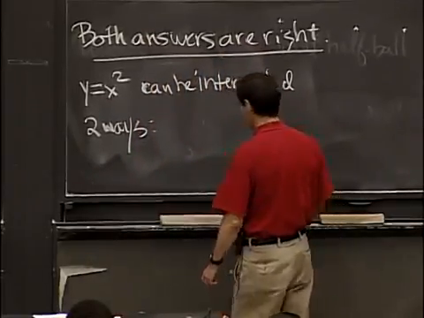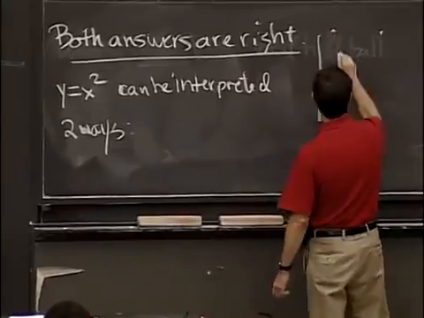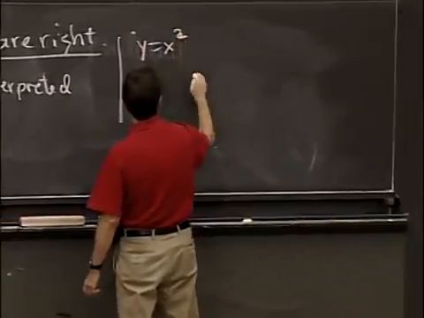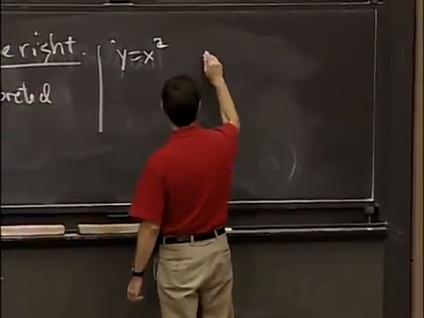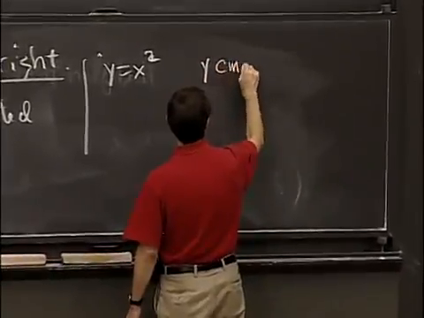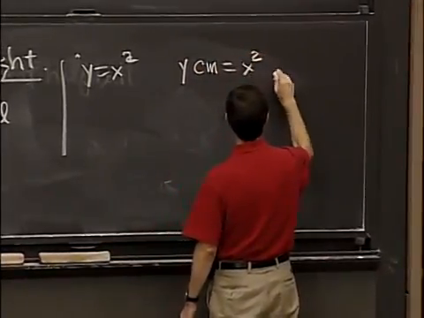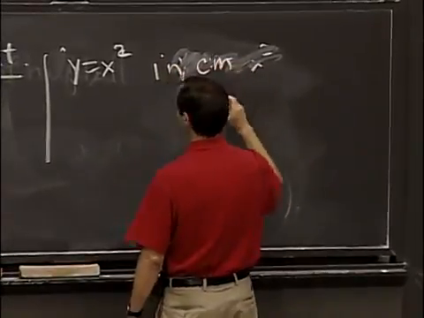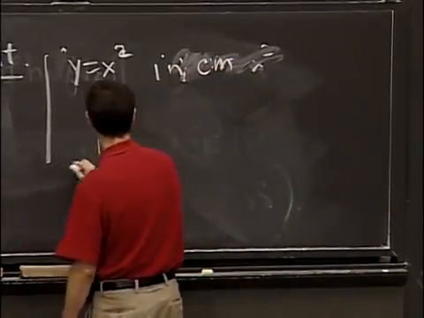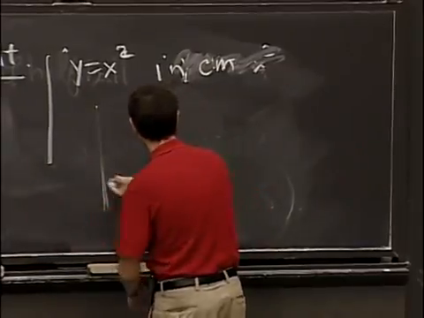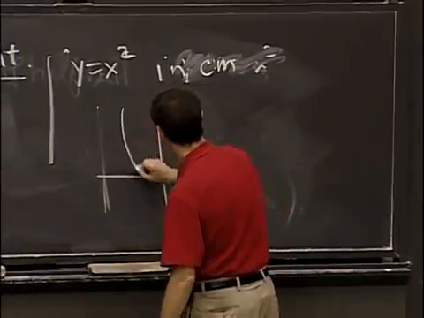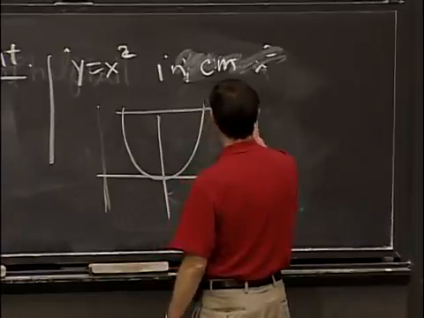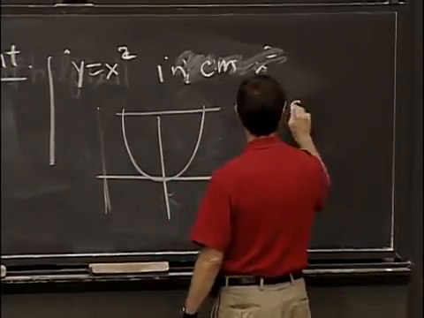For instance, you can take y equals x squared in centimeters. In which case, the picture looks like the following. A is equal to 100 centimeters.